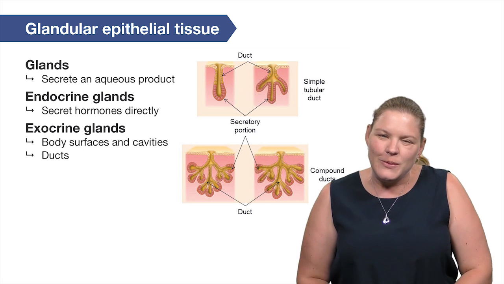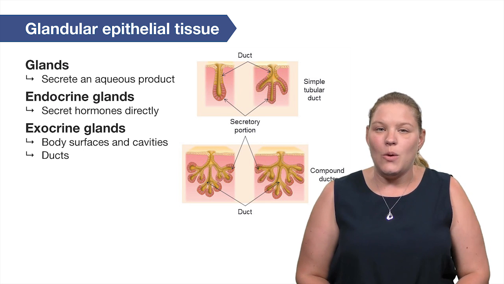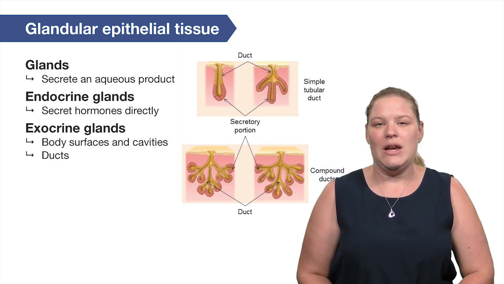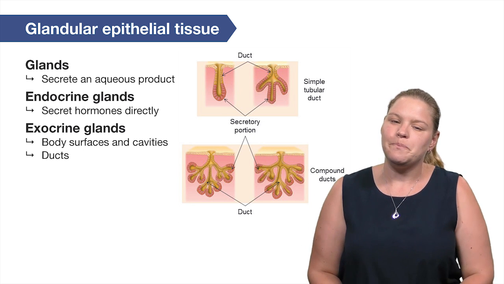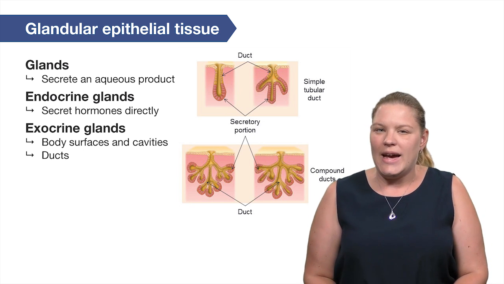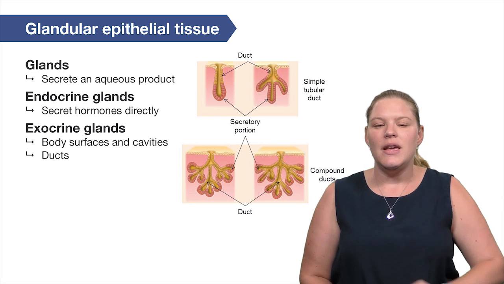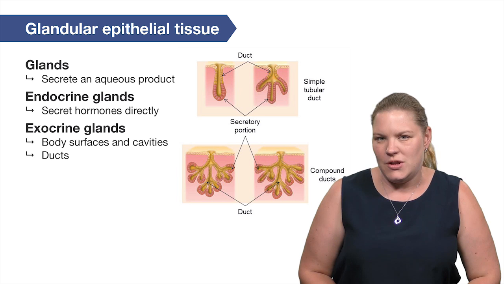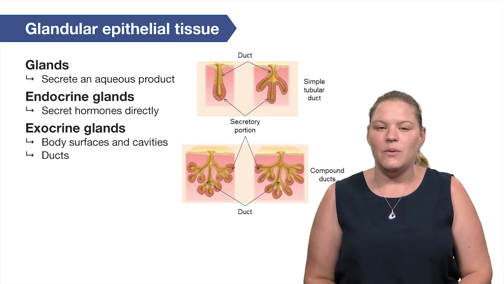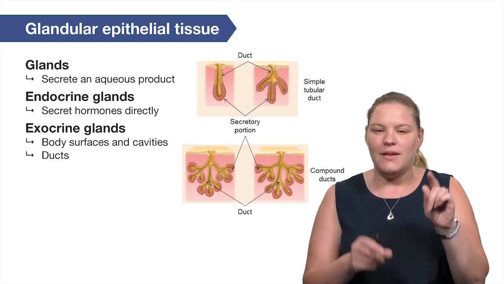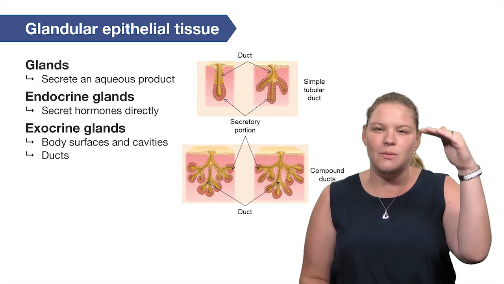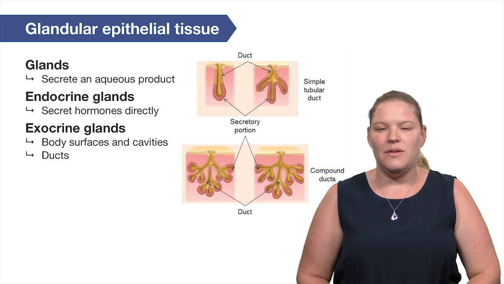The other difference between the two is that the endocrine glands secrete hormones and the exocrine glands secrete other substances such as enzymes. When we look at the shape of the ducts, the bottom part indicated in the red, that's the secretory portion of the gland. So if we look at the smaller ones at the top, we have our secretory portion going into a simple duct that will secrete that substance out.